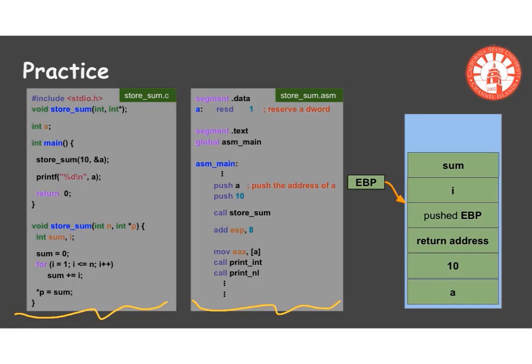In our assembly, as we said, when we call a function, the first thing that we do is push the arguments of that function onto the stack. Here A, which is going to act as our pointer, and the number 10, which we want to calculate the sum for. And then we call our store sum function. Therefore, the return address is going to be saved in here, and then the implementation of our function happens in here.